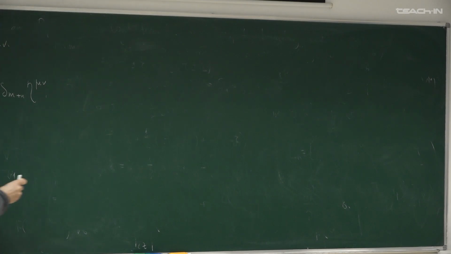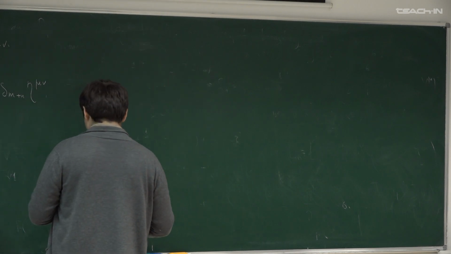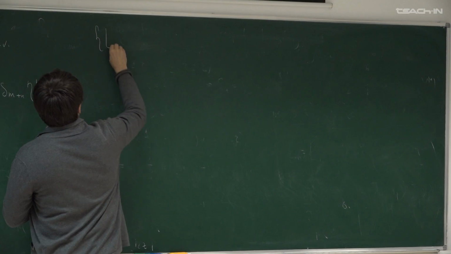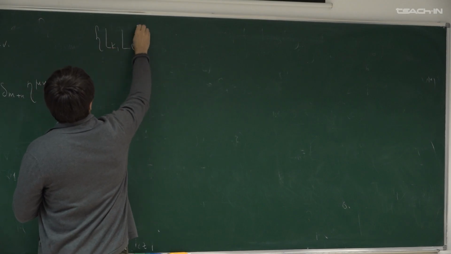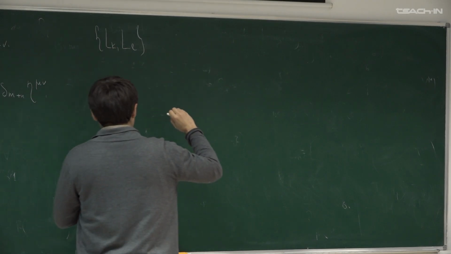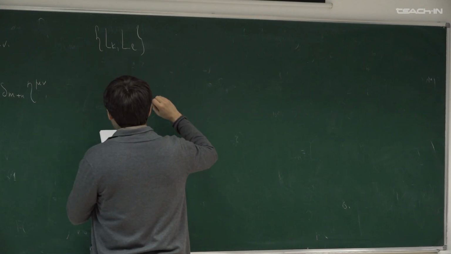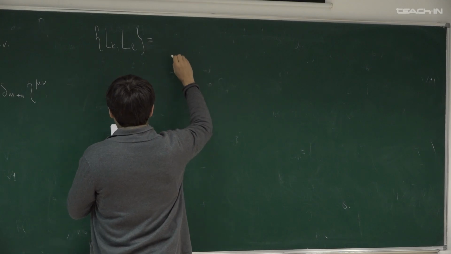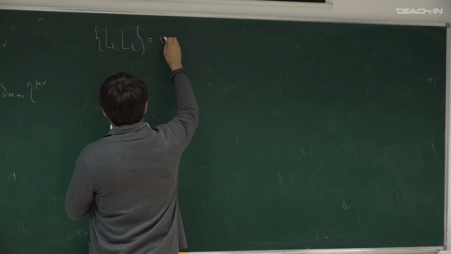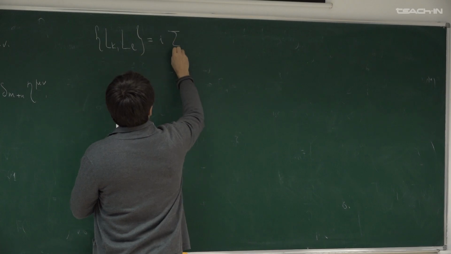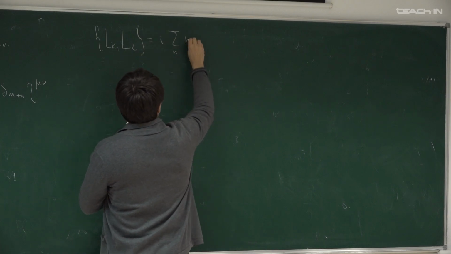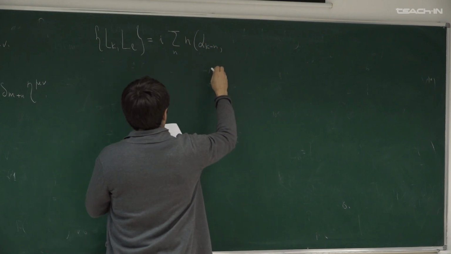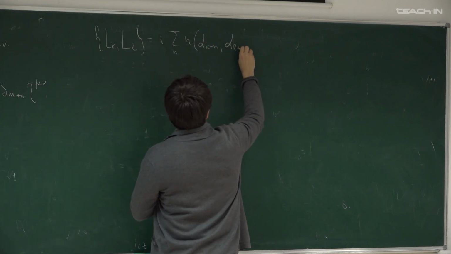So I'll compute the bracket of L_K with L_L. Naively, if you just compute the Poisson bracket, it has n times alpha_{k-n}, alpha_{L+n}.